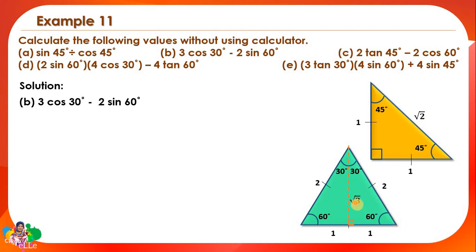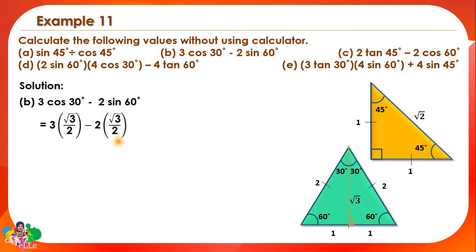Therefore, 3 times square root 3 over 2. For 2 sin 60, for sin 60 you have to refer to this angle. Sin 60 is opposite over hypotenuse. Now you know that cos 30 and sin 60 have the same value.